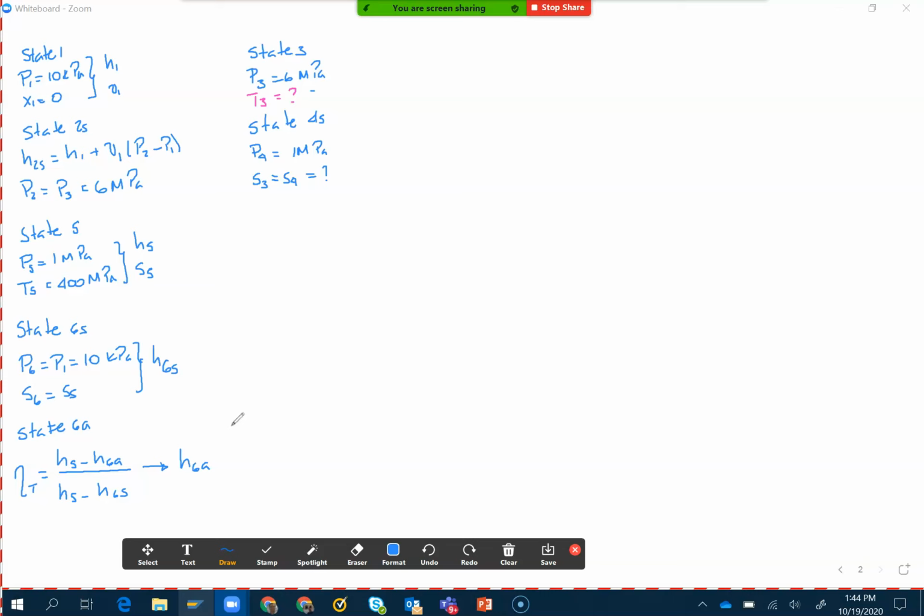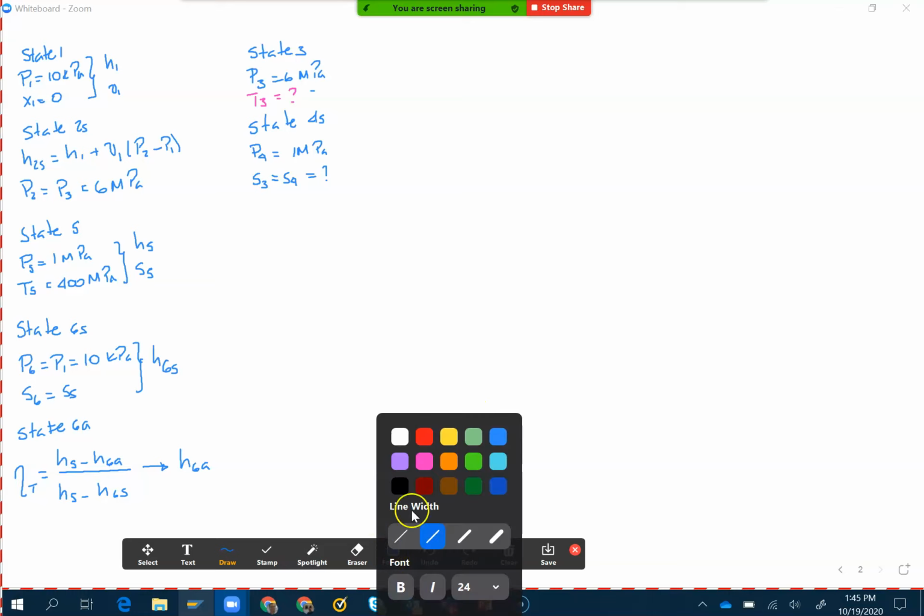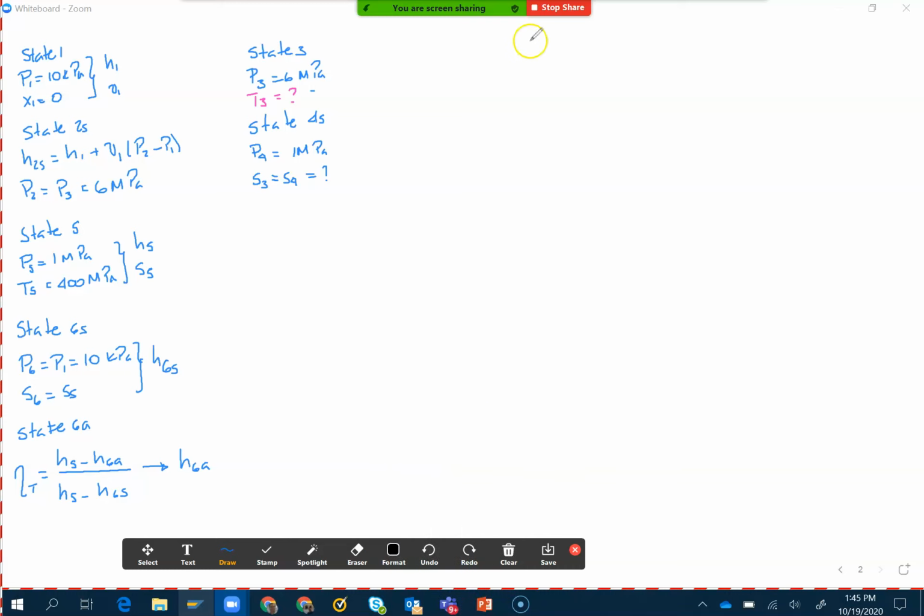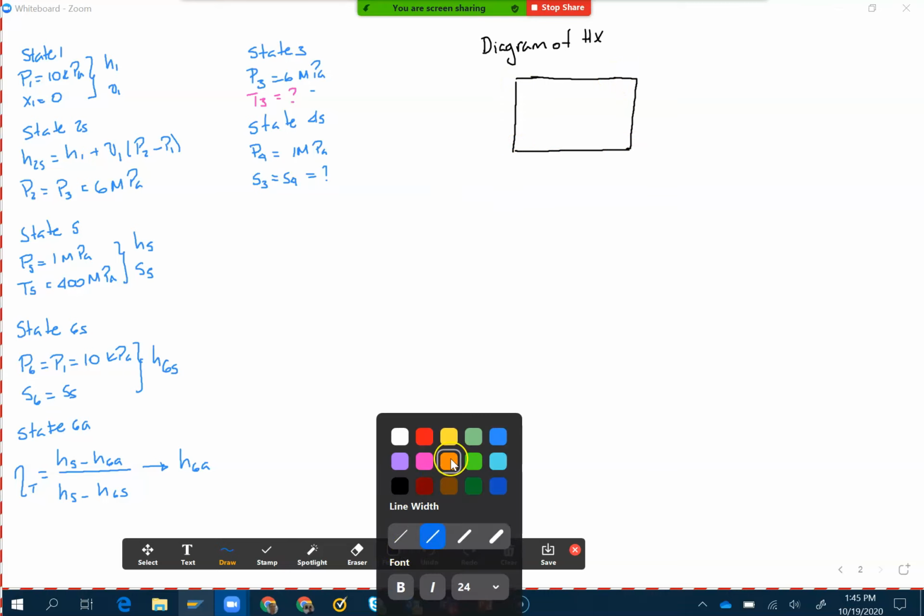So let's have a quick analysis on the heat exchanger, because that's where all of this is happening. So let's draw a diagram of the heat exchanger. So I have my heat exchanger. Remember that this is a rigid construction, tube and shell usually, and we have 3 streams.